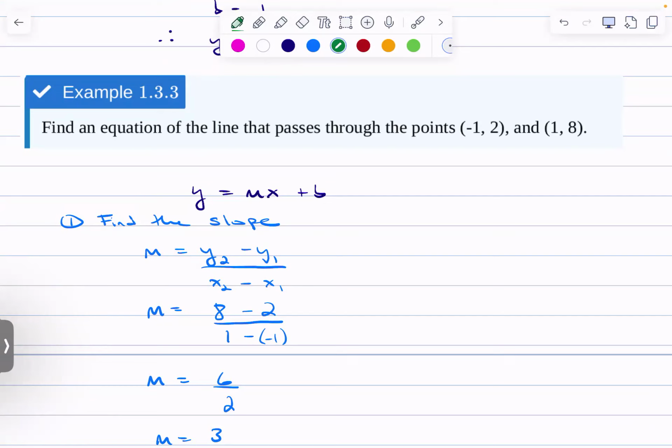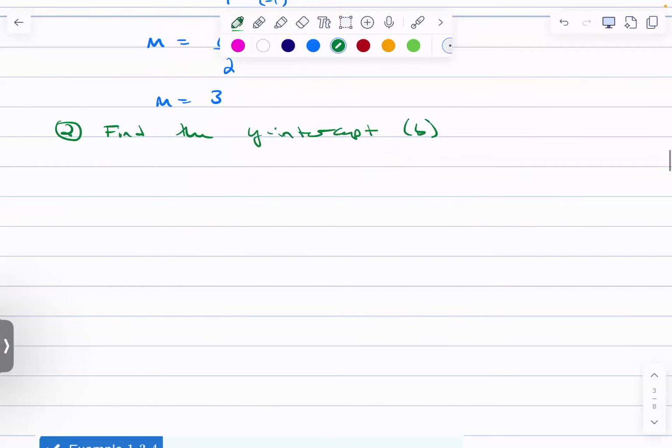Why not? And you can try it with the second one. Should get the same value for b. In fact, no, because I don't want to make my notes confusing. I was going to do both points to show you get to the same value of b. But y equals mx plus b.